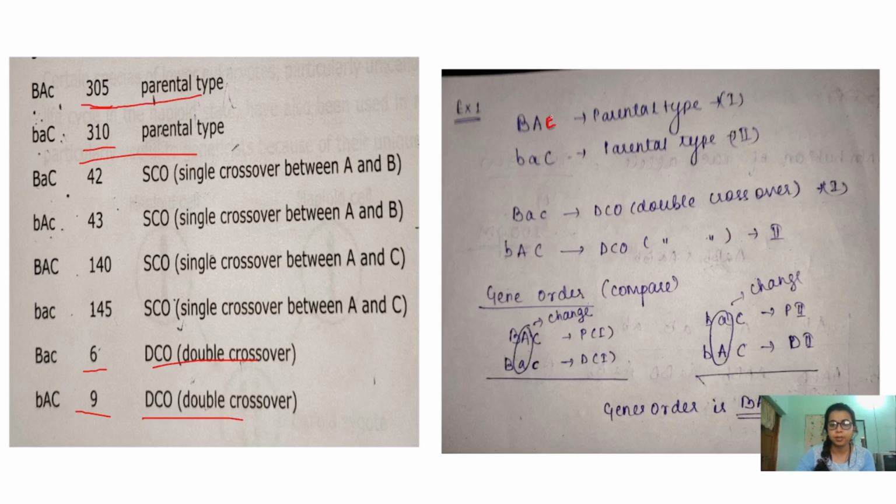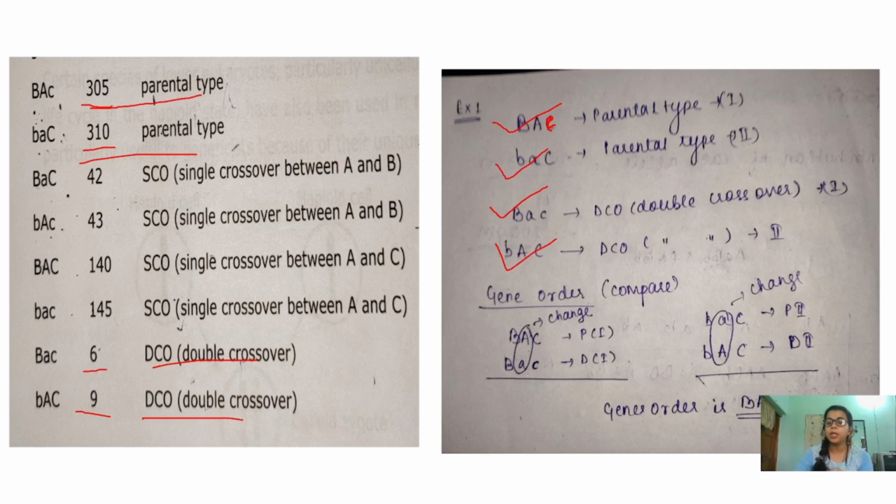Capital B, small a, small c is the double crossover 1, and small b, capital A, capital C is the double crossover 2. Now you will compare parental type 1 with double crossover 1, and parental type 2 with double crossover 2.